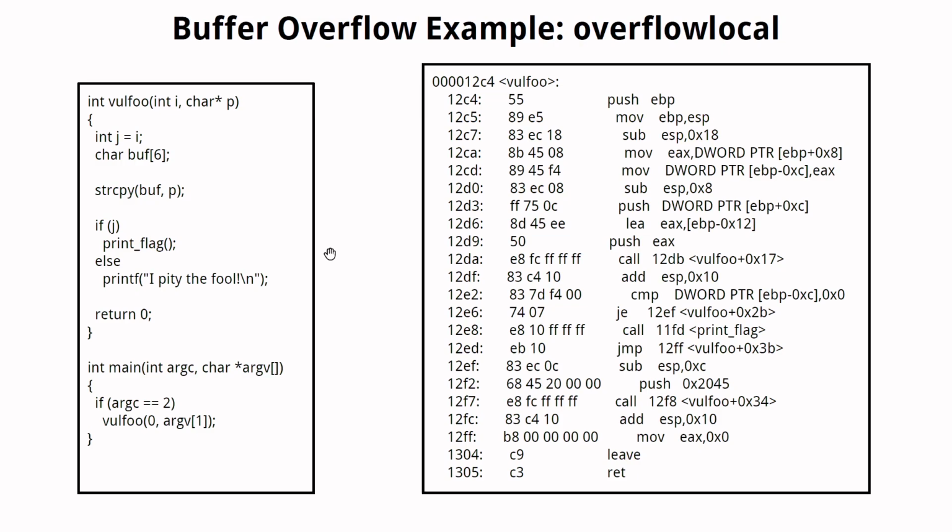Okay, so can any of you say why there is a vulnerability here? Yes. The problem here is we call the C library function called string copy. String copy will copy from the source to the destination.